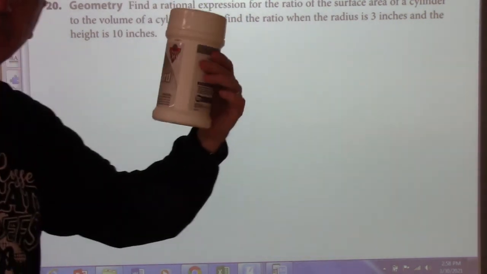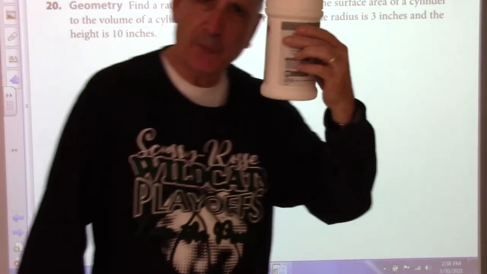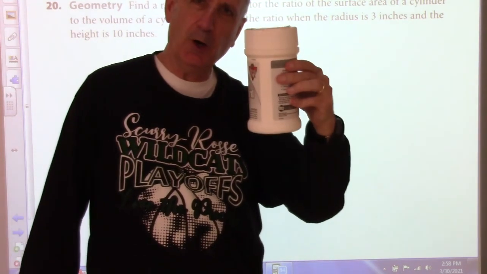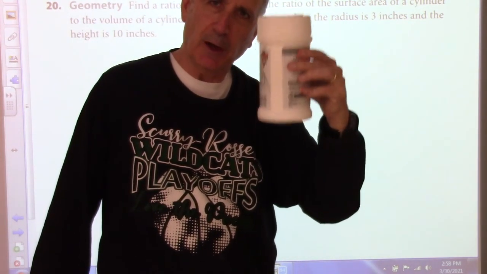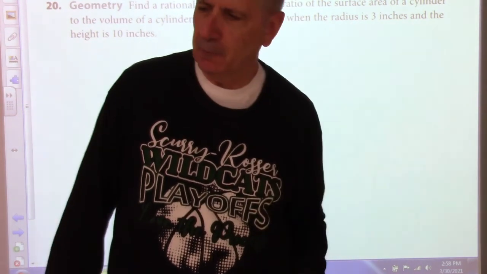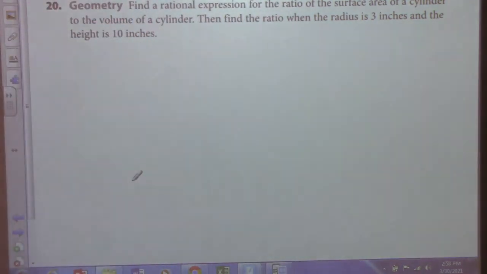So this is it. What do you have to find of this object? A what and a what? A surface area and a volume. So does anybody remember what those formulas are? Or can you reverse engineer what they might be?